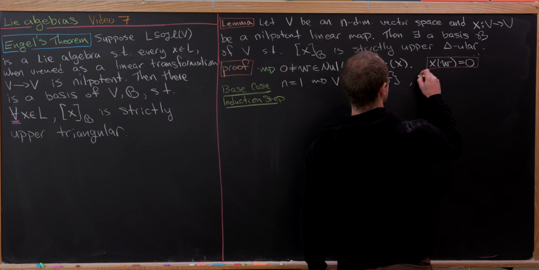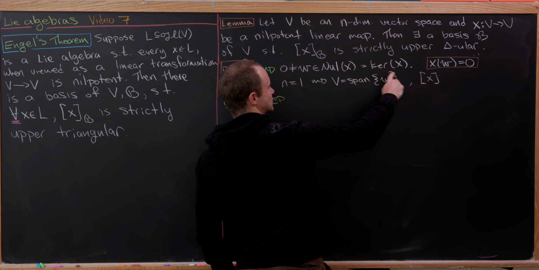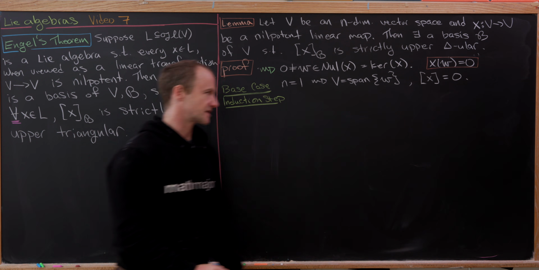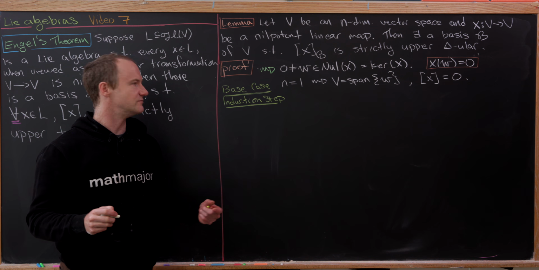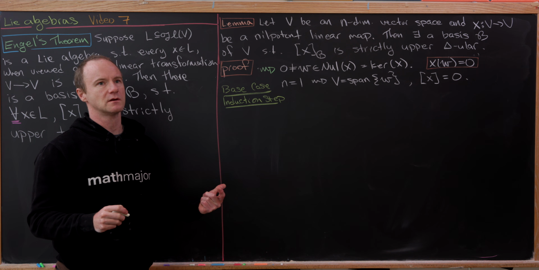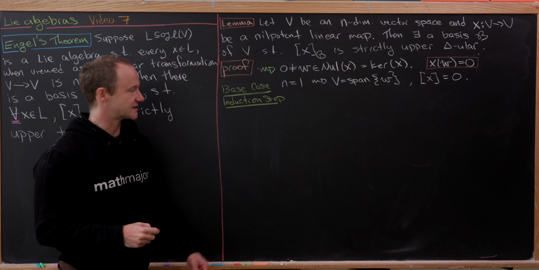In this case, the matrix representation of x in this basis, which is just this single vector w, is the 0 matrix. So there's really nothing to do there. The 0 matrix is the only 1-by-1 matrix that's strictly upper triangular, so we're done in this case.